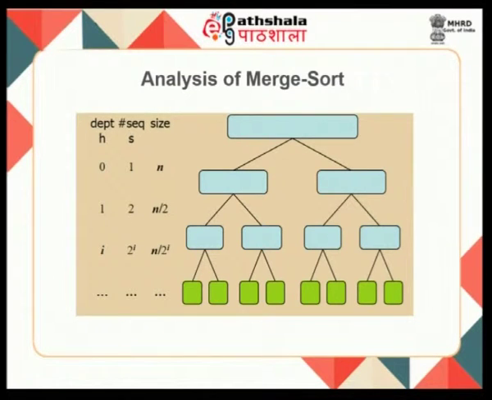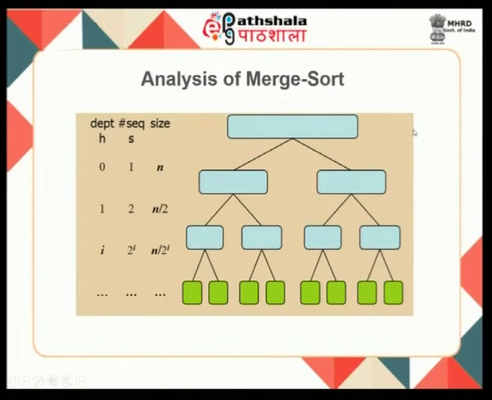So, you can see this is the problem of size n. In the next stage it becomes n by 2, n by 2. So, that means it becomes n. Here it becomes n by 4, n by 4, n by 4, n by 4. It is 4 into n by 4, that is n. So, that means at every stage the cost of the recursion tree is n.